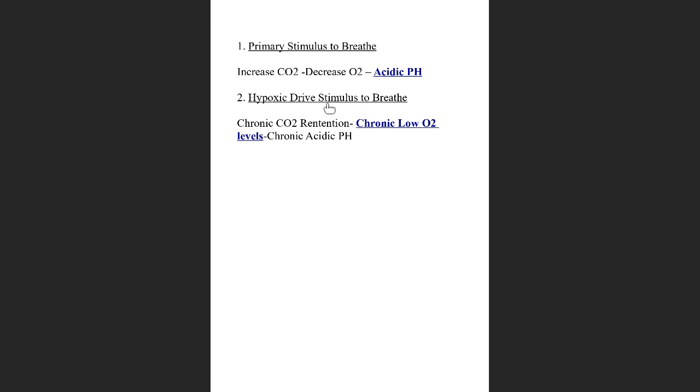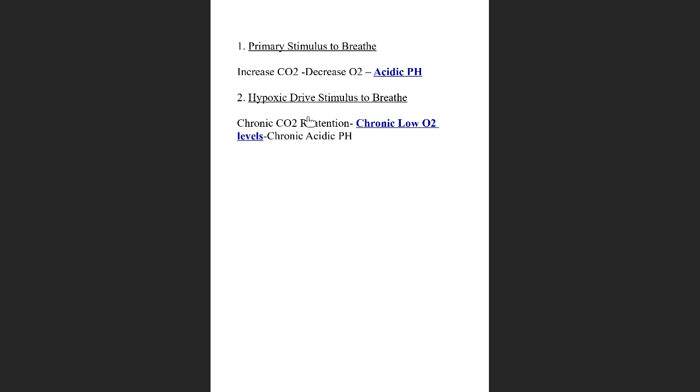So the primary stimulus responds to chemical changes. The hypoxic drive responds to gas changes. What is happening in this patient is that because the alveoli don't work so well anymore, and the air passages might be damaged from the chronic smoking or the exposure to the toxic gas, their body does not remove CO2 completely.